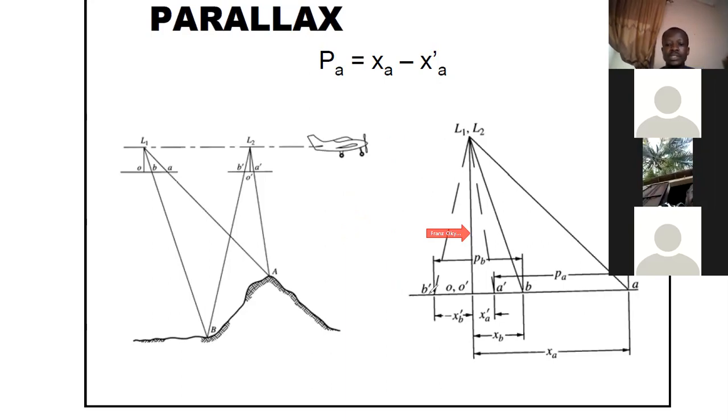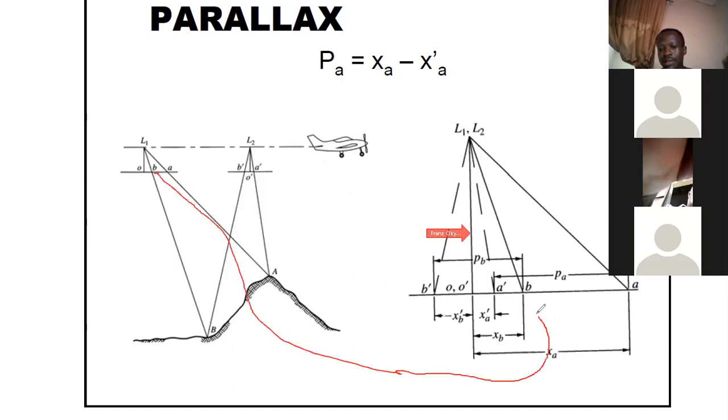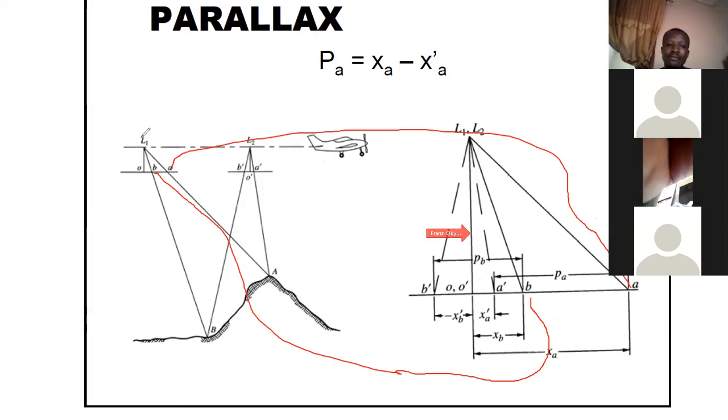So in the superimposition, look at B. B is on the right hand side. If I draw a long line, it's on the right hand side of the principal line. A is on the right hand side as well. In fact, A is this one here. Take note of the fact that we have superimposed L1 and then L2.